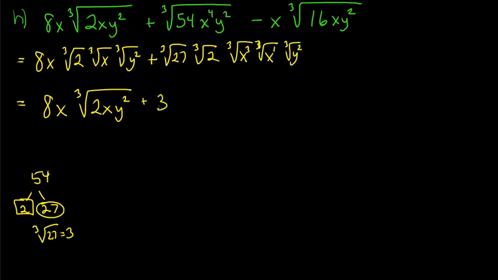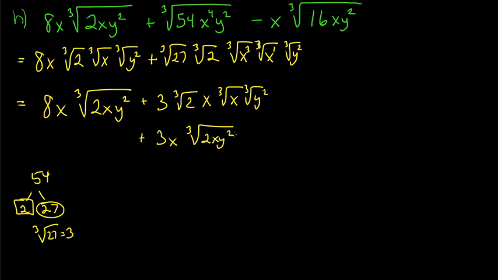So this is going to be 3 times the cube root of 2 times the cube root of x cubed is just x. And then the cube root of x, cube root of y squared. So putting this all together here, we're going to get 3x cube root of 2xy squared. Right, and I'll leave the first term as it is.